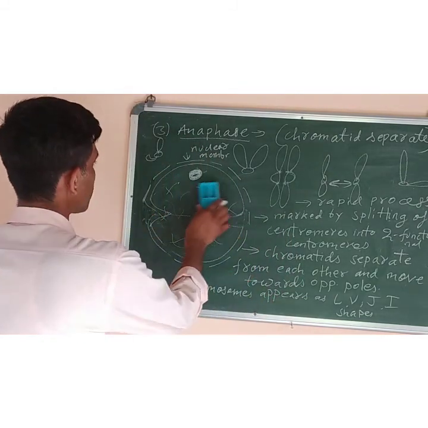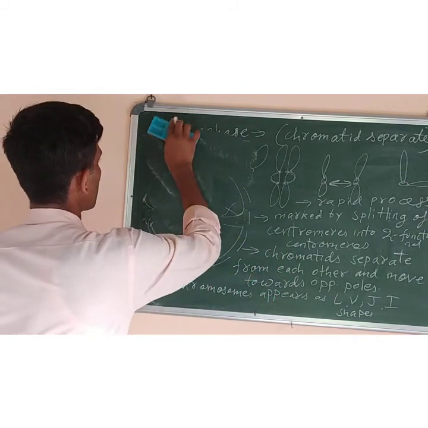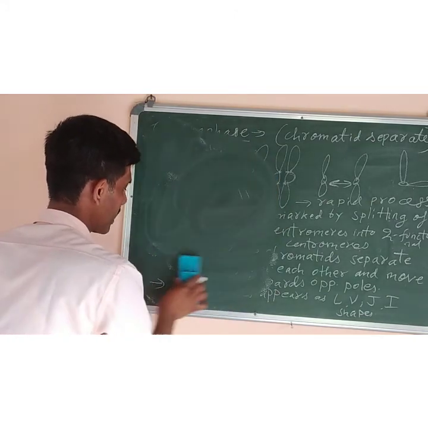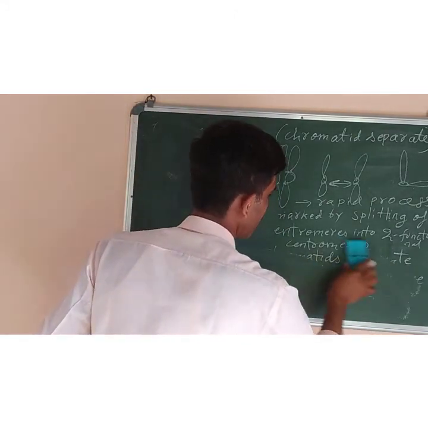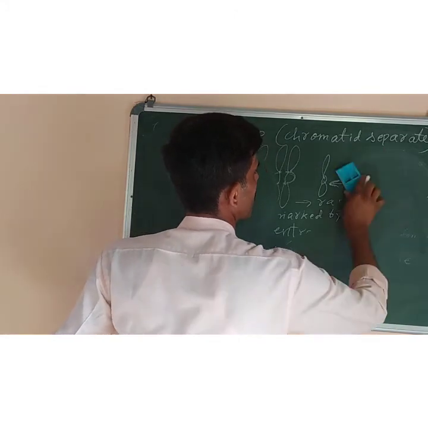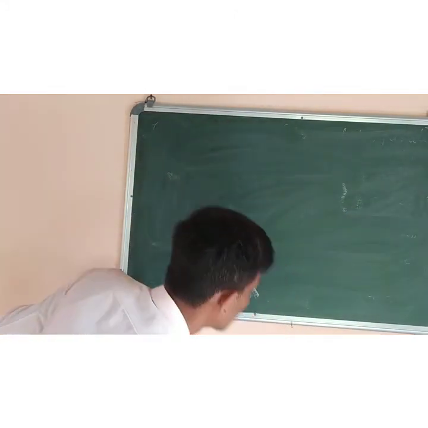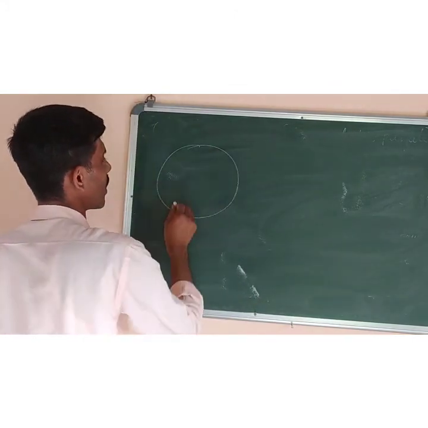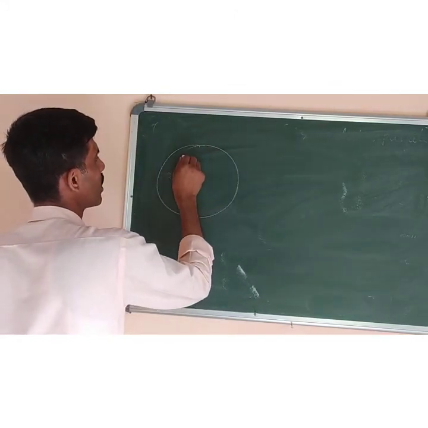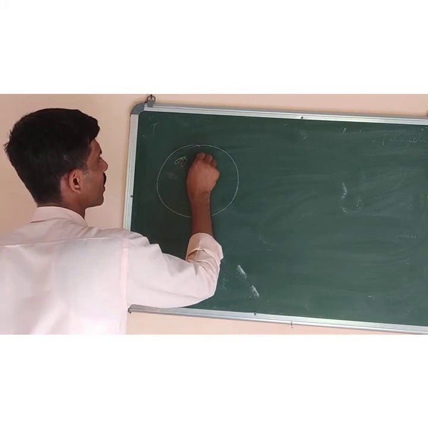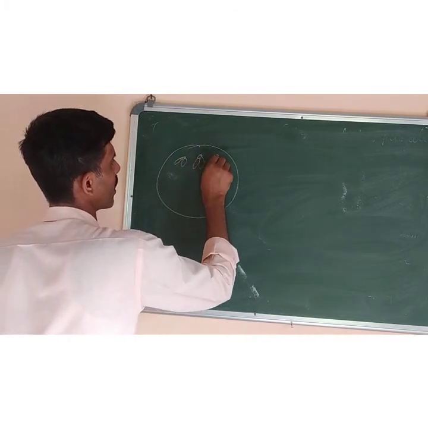Okay? It is making us confused. Let's do it like this. I will draw a separate diagram. Now look here. This is one pole. Here all the chromosomes are present.